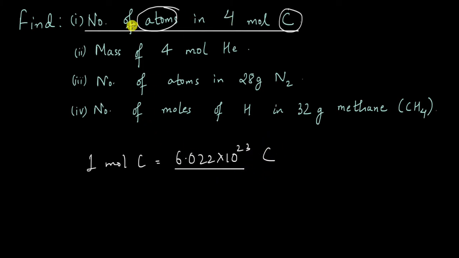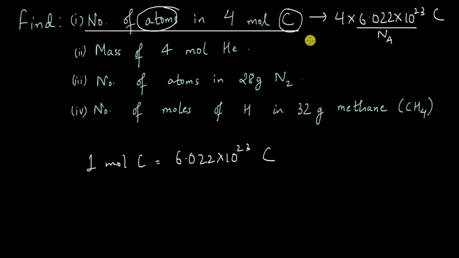So to find the number of atoms in 4 moles of carbon, all we need to do is multiply this with 4. So in 4 moles of carbon, we will have 4 times 6.022 into 10 to the power 23 carbon atoms. That is it. All we needed to do was multiply this number, which we call the Avogadro's number, with the number of moles, 4, to find the number of atoms.